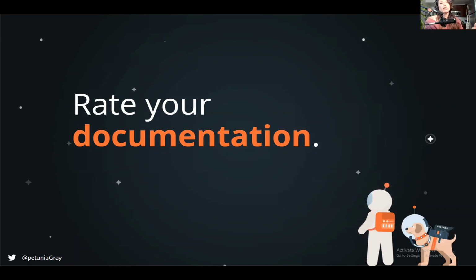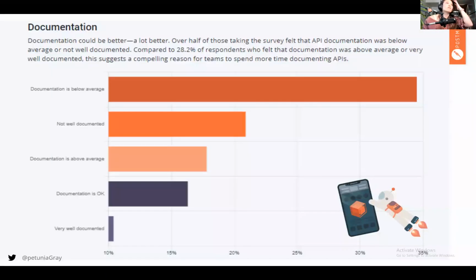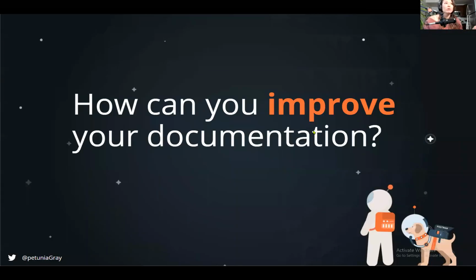So rate your documentation. What we found was people, overwhelmingly, the majority, are saying our documentation is not well documented. It's below average. So this is actually not surprising. It's hard to keep documentation up to date, accurate, relevant. And so people are very, very critical. Another question we asked them was, how can you improve your documentation?